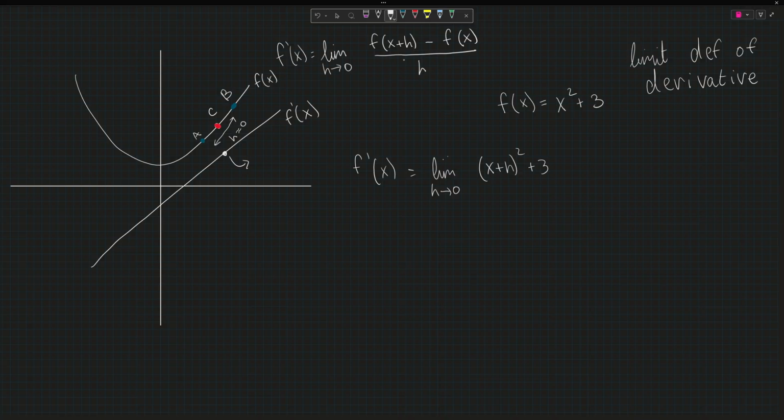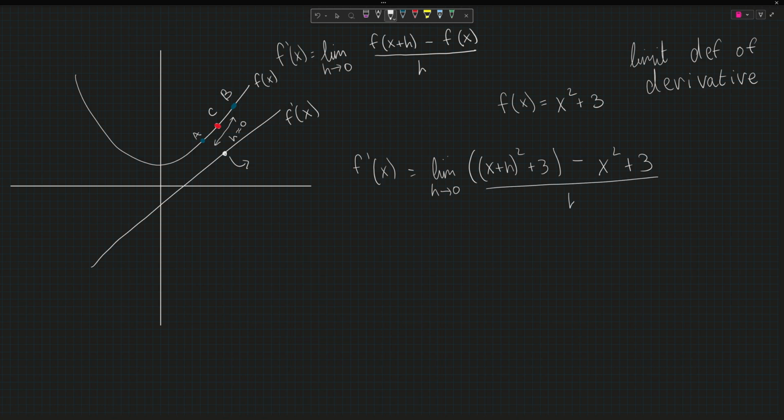So all I'm doing is replacing that x squared with x plus h. I'm just putting the x plus h in the x squared. And this has to be in parentheses, remember, minus x squared plus 3.